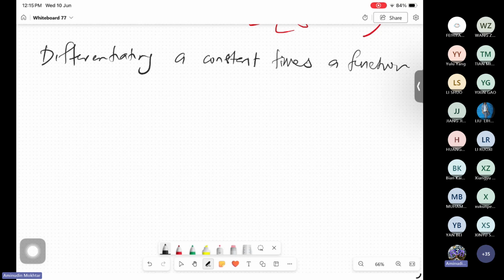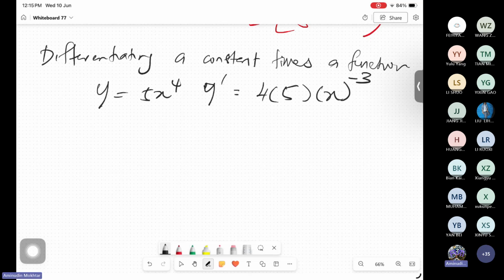For example, we have 5x to the power of 4. The first derivative: y prime equals 4 times 5 x to the power of 4 minus 1, which is 3. Positive 3.